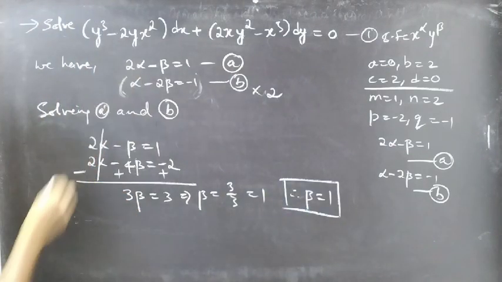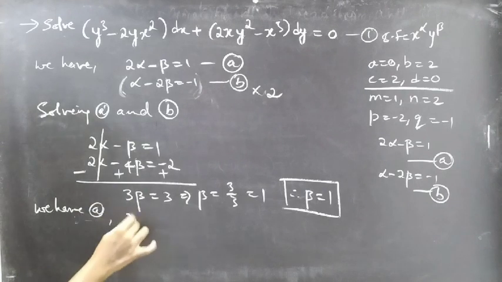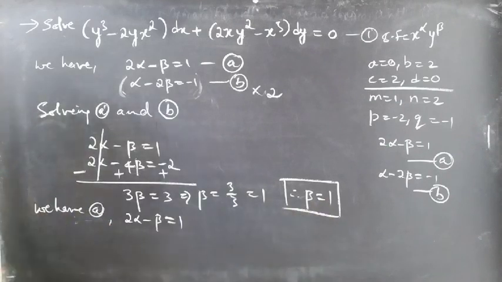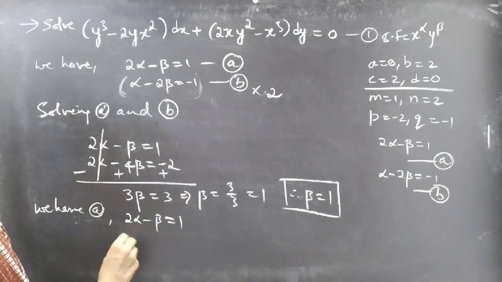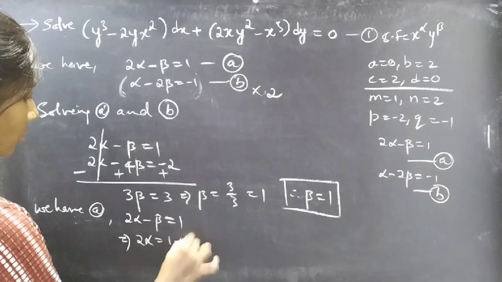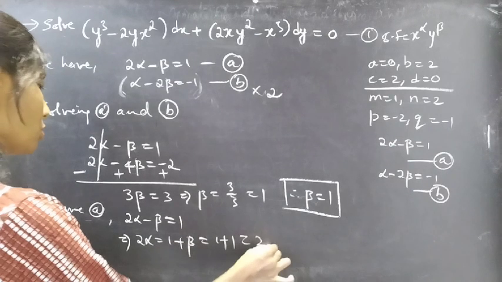Now consider equation A. We have equation A, which is 2 alpha minus beta equal to 1. Since we got the value of beta, so we can substitute beta by 1 or you can take this beta to RHS and then substitute beta value. Beta is 1, so 1 plus 1 is 2.